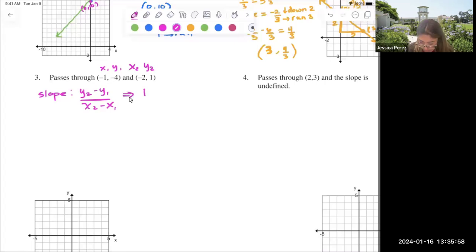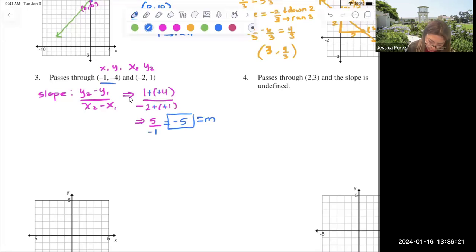Here we do our substitution, 1 minus -4, and then -2 minus -1. That's going to give us a 5 because I have 2 negatives, which gives me an addition. This gives me also another addition, but this is a -1. So my slope is actually -5.